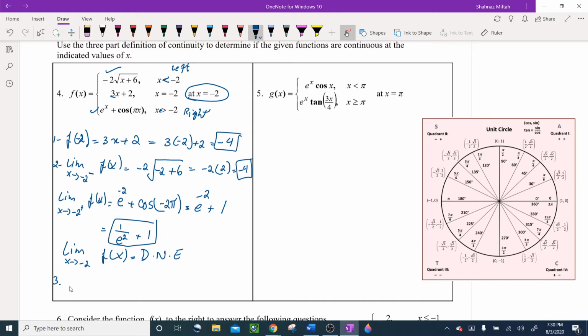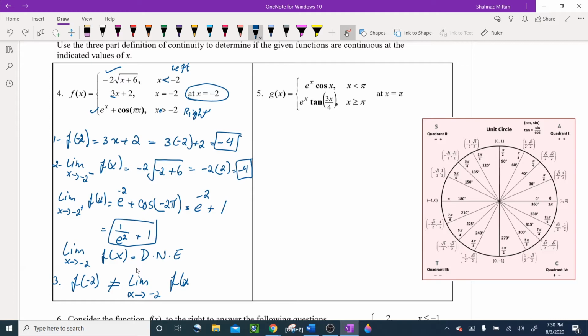I know it's not the same, so I can't give them the third condition, but if you want you can write it down: f of negative 2 is not equal to the limit as x approaches negative 2 of f of x. I think we don't need this because if the limit doesn't exist, then I cannot say it's equal or not equal. So I'll just stop when the limit doesn't exist. I should stop at 2.